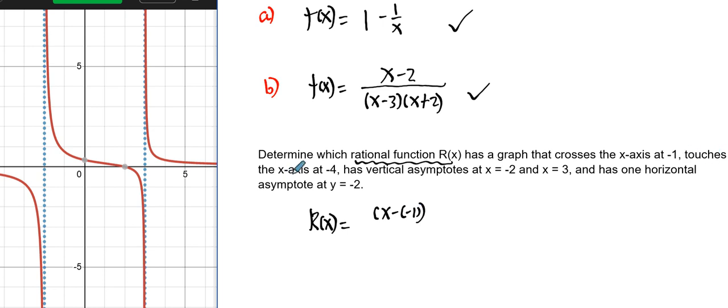It touches the x-axis at negative 4. So you have x minus negative 4. Since it touches, it means it does not go across. They are different. So that tells us here does not change the sign. Here means change the sign.